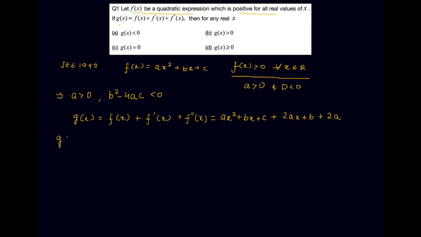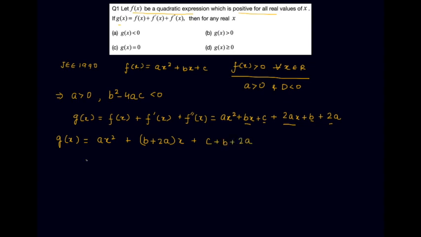Now rearranging the terms, we have ax square plus, clubbing these two terms, b plus 2a, and these three are the constant term, c plus b plus 2a.